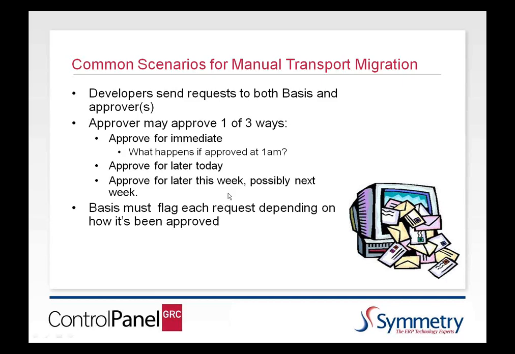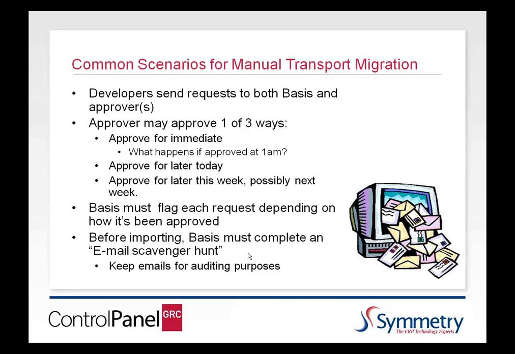And then before importing, you must complete an email scavenger hunt, is how we refer to it. Basically, if it's approved in any one of these three ways, you want to make sure that you know that this immediate one's already been done. If it's for later today, you might also have some that have been approved last week that are also for today.